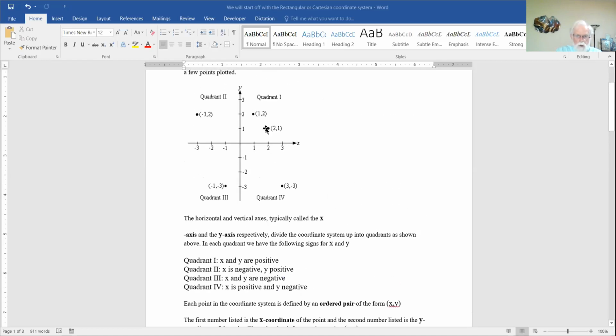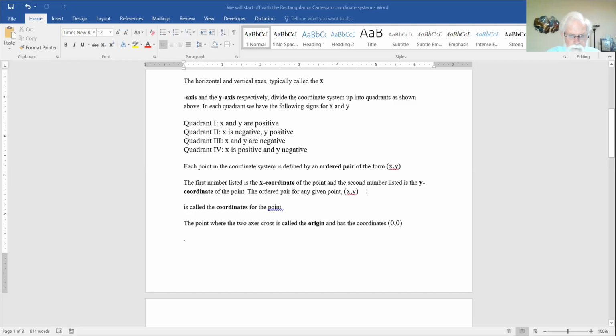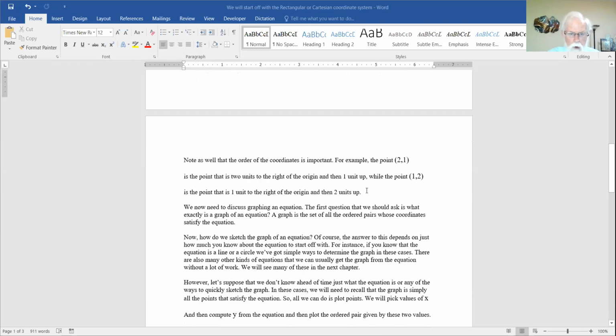So the coordinates here tell us that 2, 1 means the x value is 2 and the y value is 1. Is this making sense to everyone? Please stop me if I'm confusing you at all. So we know about the origin.